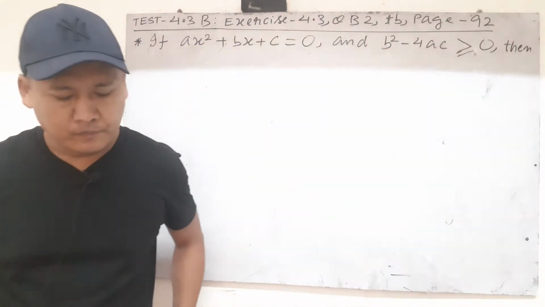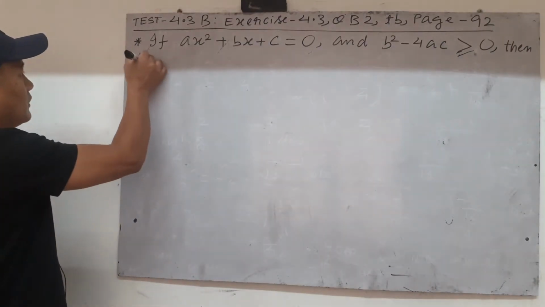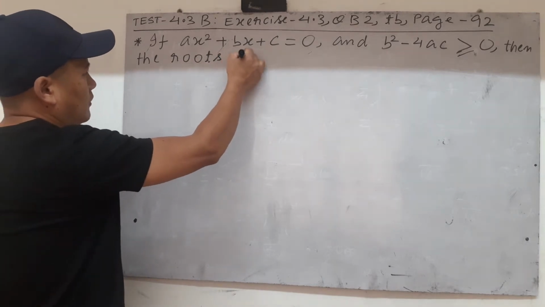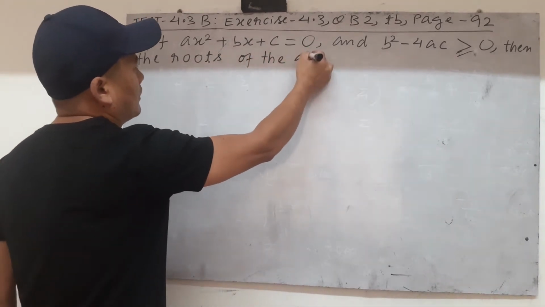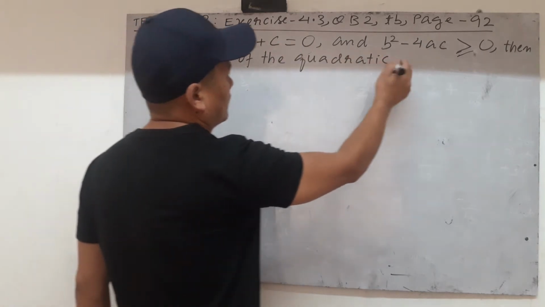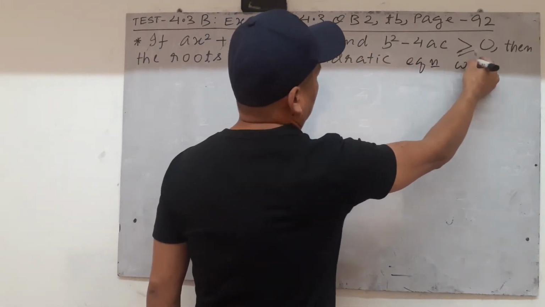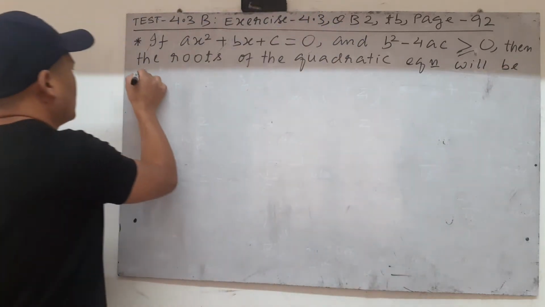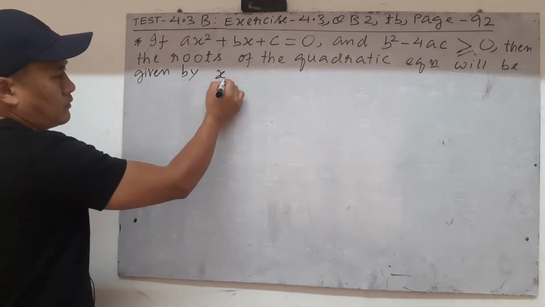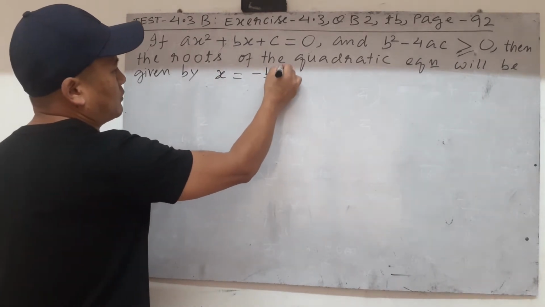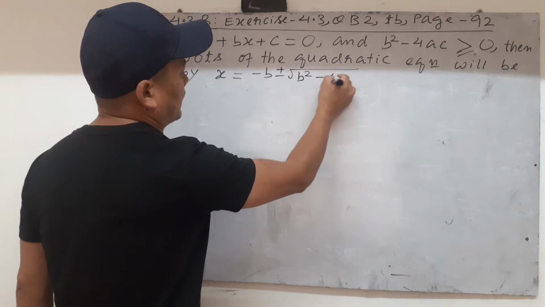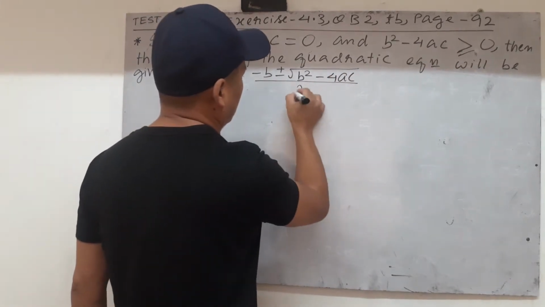Then the roots will be there, and the roots of the quadratic equation of this form will be given by the formula x, root means the value of x, is equal to minus b plus minus root over b squared minus 4ac divided by 2a.